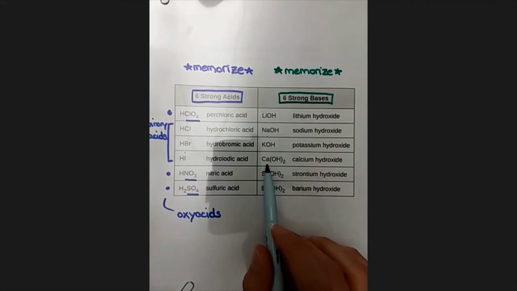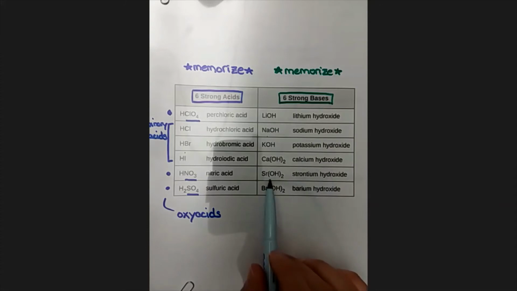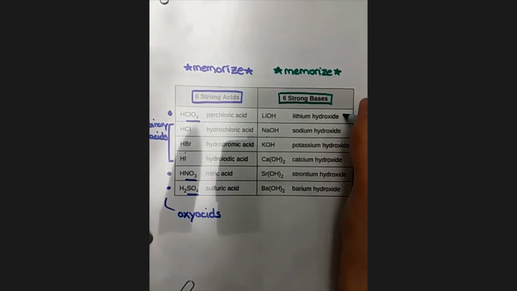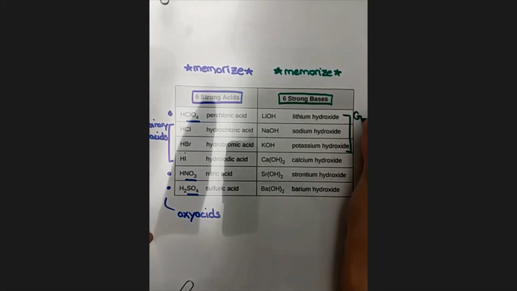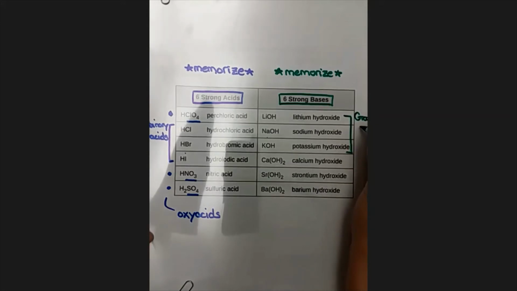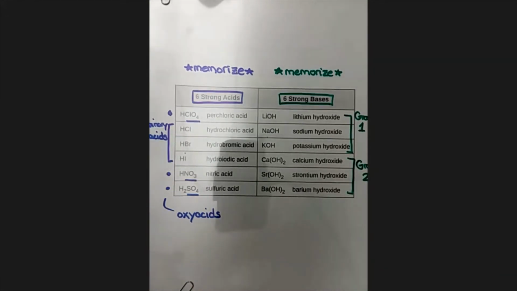We have calcium with 2 hydroxide groups, which is calcium hydroxide, strontium hydroxide, and barium hydroxide. And these are exactly the sorts of compounds we already know how to name. These first 3 are bases made out of group 1 metals, and the bottom 3 are bases made out of group 2 metals.